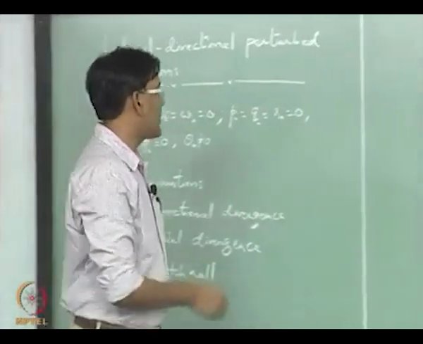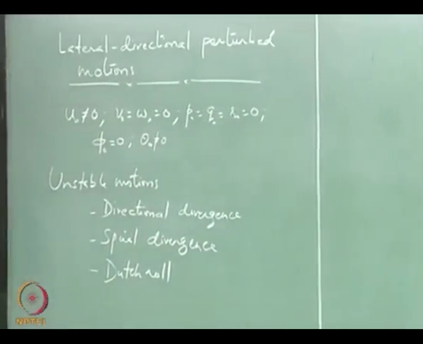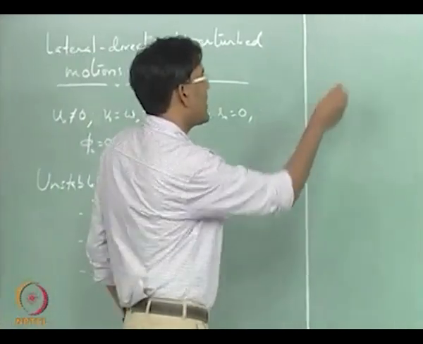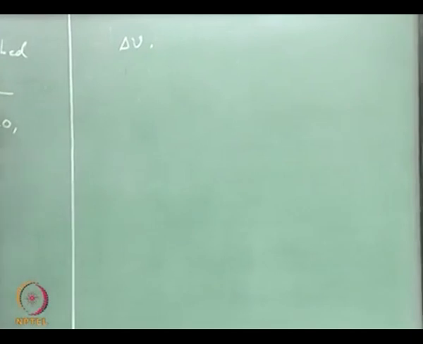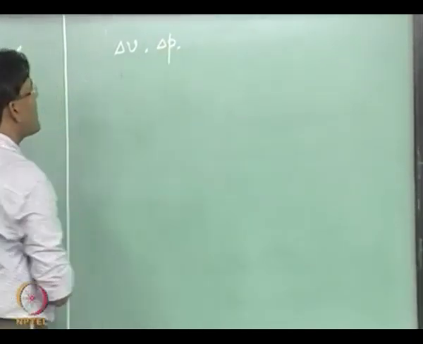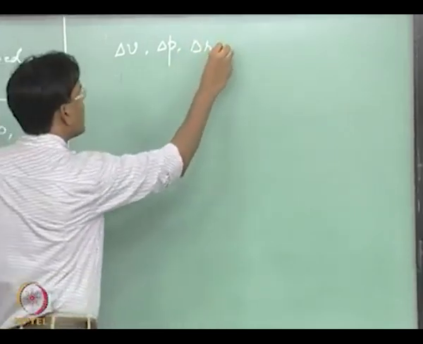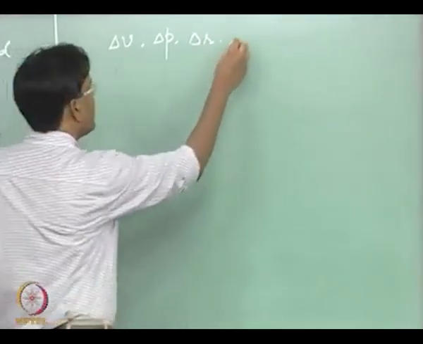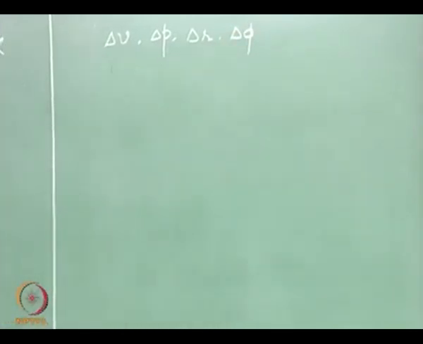So, these motions are actually coupled motions in lateral directional variables, and those variables are side velocity, roll rate, yaw rate, and bank angle, perturbation in these state variables.